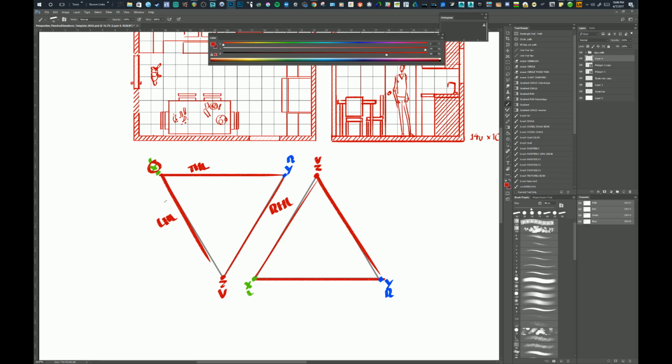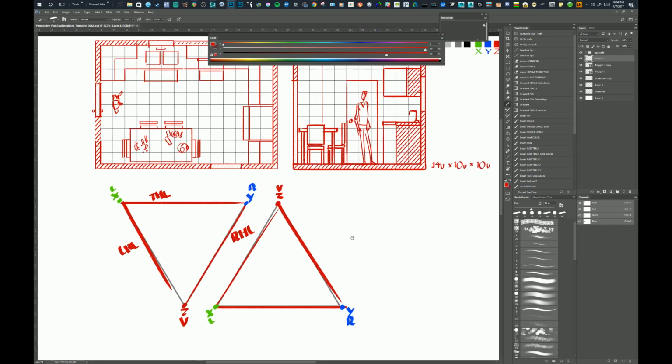X is the only vanishing point in single point perspective. X and Y are the only two main vanishing points in a two point perspective system, and X, Y, and Z are the three vanishing points in a three point system.